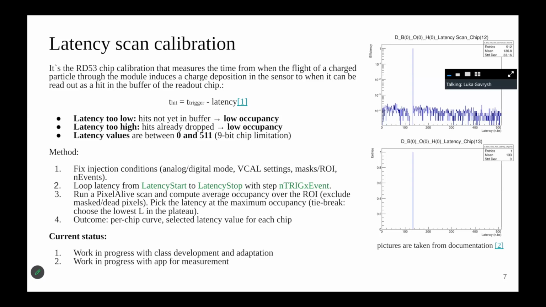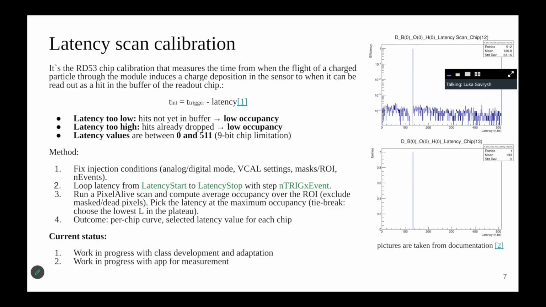with a step of n trigger x events. So n trigger x events acts like a resolution: a smaller step means a finer search but a longer runtime. At each latency value, we run the main calibration, a pixel alive scan, to collect hits under the fixed conditions.